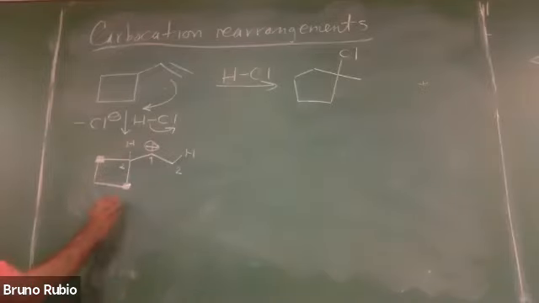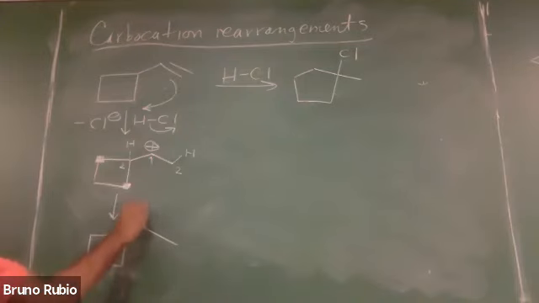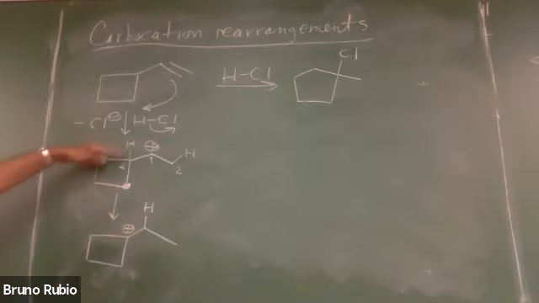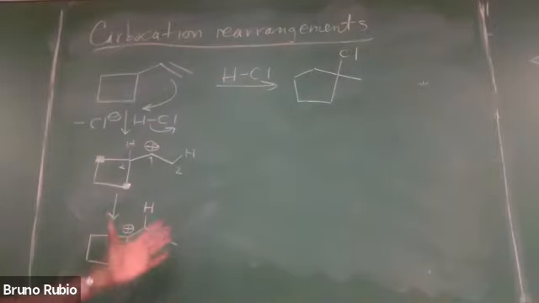Okay, so what if this hydrogen moves over? What if this hydrogen pulls out of carbon 2, plugs into carbon 1, and the charge moves from carbon 1 to carbon 2? That would be the ion that I would get as a result of the rearrangement.